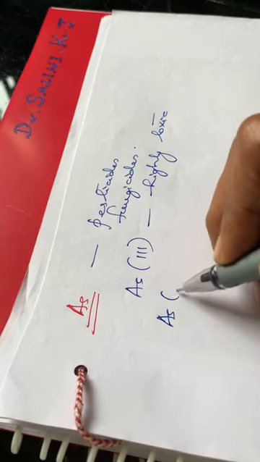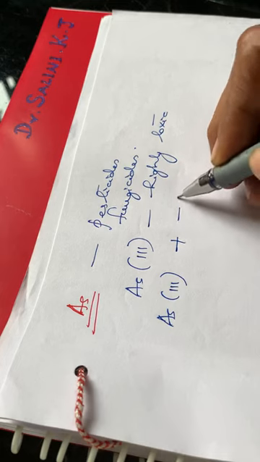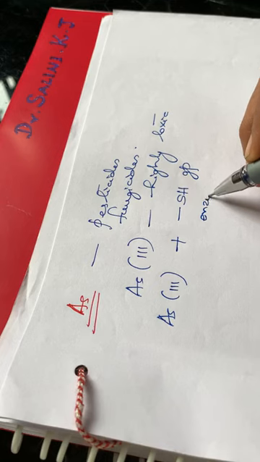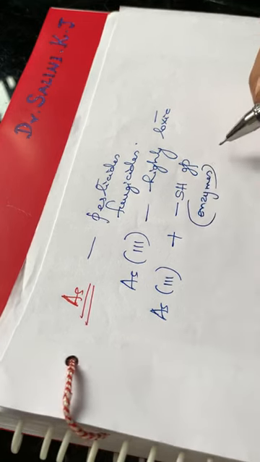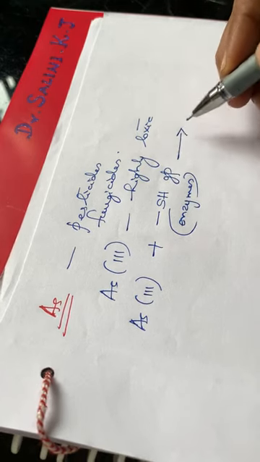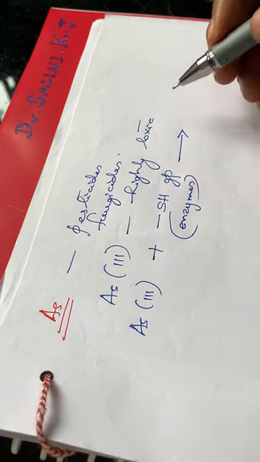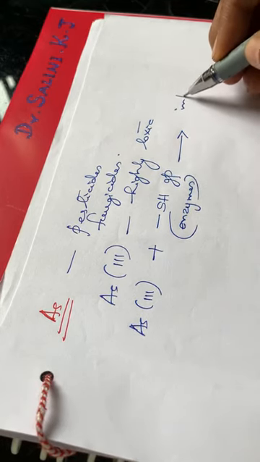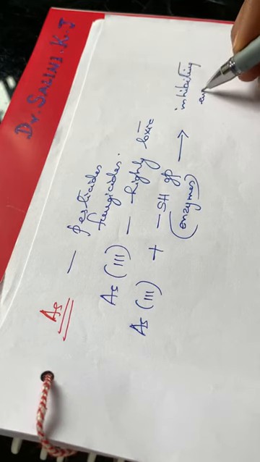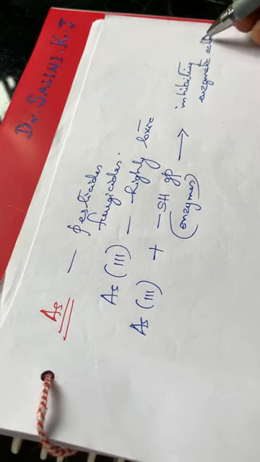These arsenic 3 compounds combine with the SH groups present in enzymes, and thus inhibit the enzymatic action in our body.